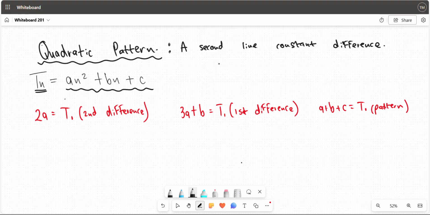And what does that mean? It means if I had a pattern, I'm not going to use values right now. If I were trying to find the difference between the second and the third, I would get a value there. And the difference between the third and the second, I would get a value there. But the fact that these values are not the same means that it is obviously not an arithmetic pattern.